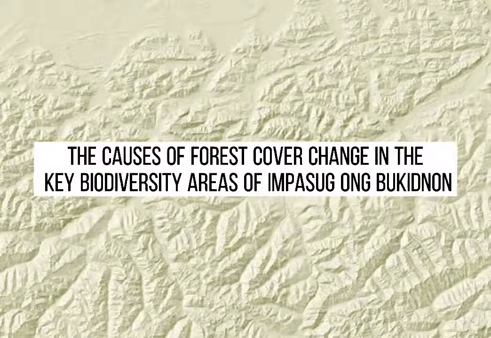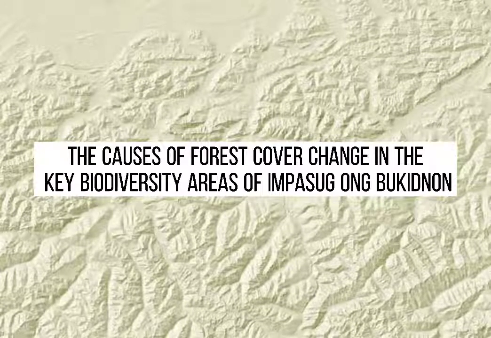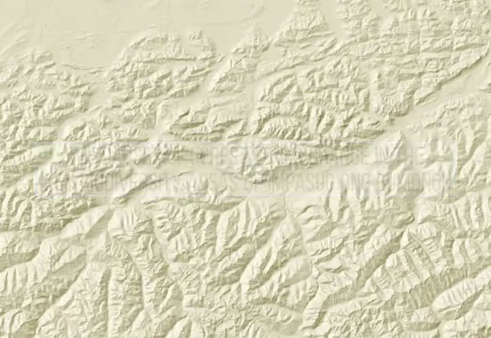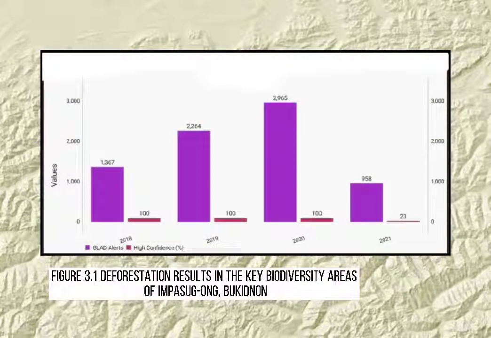Number 3. The causes of the tree cover change in the key biodiversity areas of Impasug-ong, Bukidnon. Figure 3.1 shows the deforestation results in the key biodiversity areas of Impasug-ong, Bukidnon. This indicates that 7,554 GLAD alerts were reported in the key biodiversity areas of Impasug-ong between the years 2018 to 2021.